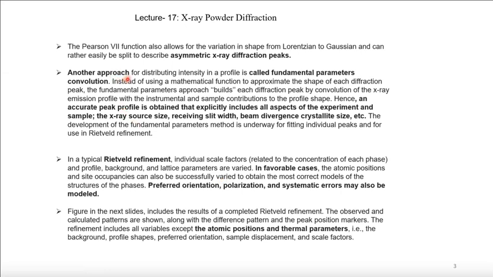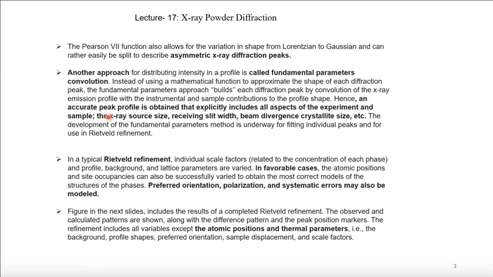Another approach we go for in these fittings is called the fundamental parameters convolution. Instead of using a mathematical function, it builds each diffraction peak by convolution of the X-ray emission profile with the instrumental and sample contributions to the profile shape.